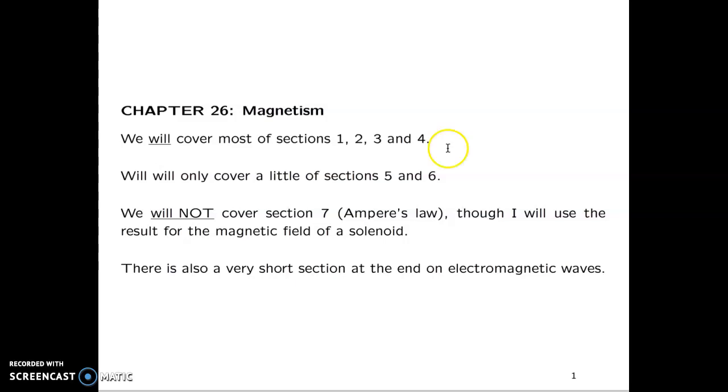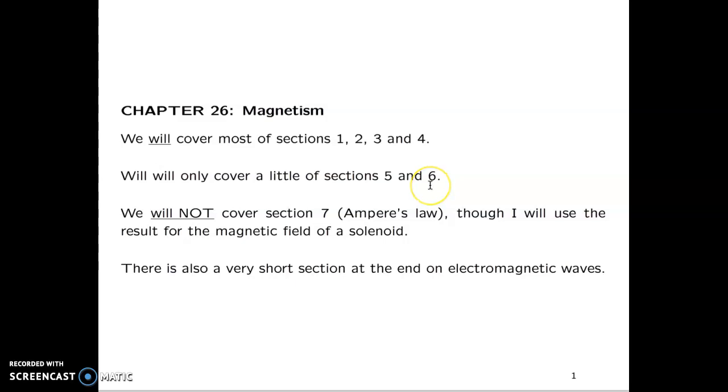Magnetism is in chapter 26 in the book, and there's a lot of content in chapter 26, and we're going to be covering some of it, but skipping over quite a bit of it. So we'll be covering a lot of the first four sections and very little of sections 5 and 6.